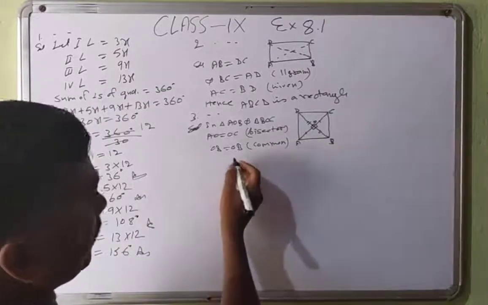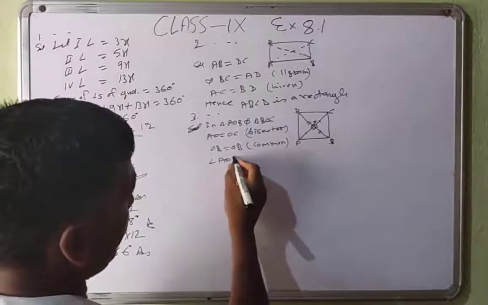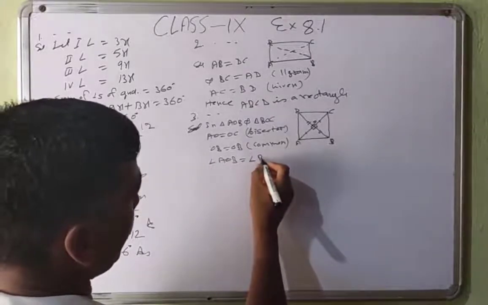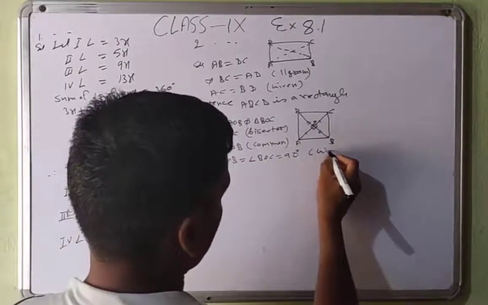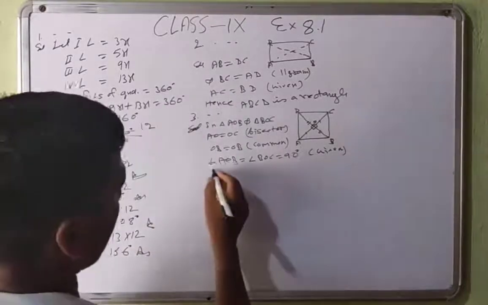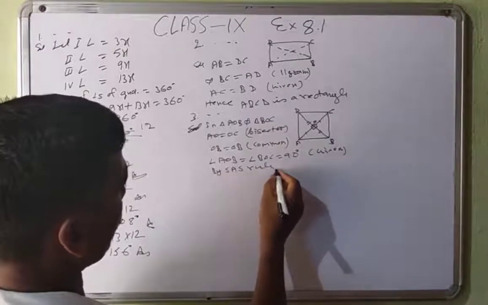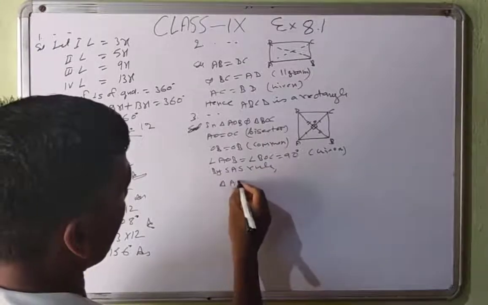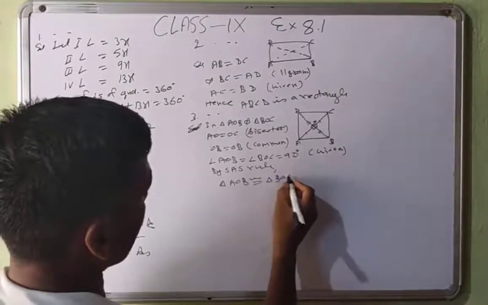Then angle AOB is equal to angle BOC is equal to 90 degrees, that's given. So by SAS rule, triangle AOB is congruent to triangle BOC.